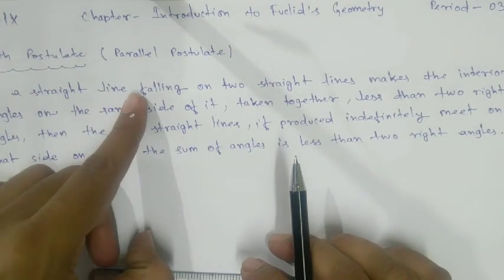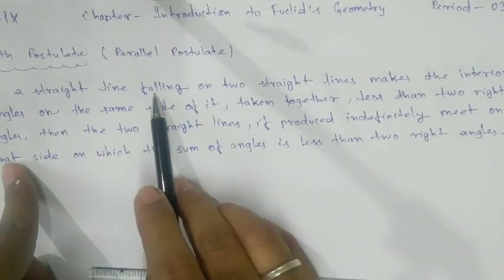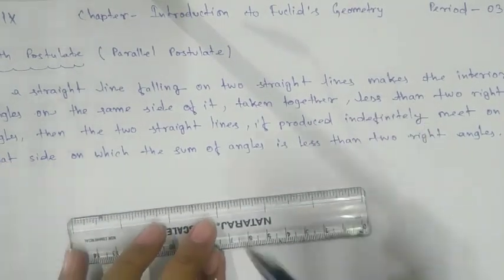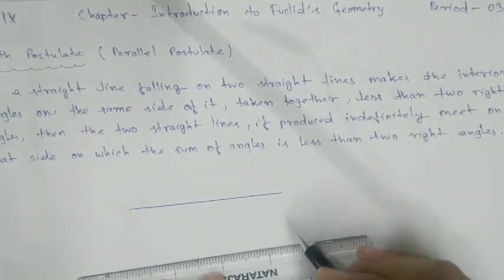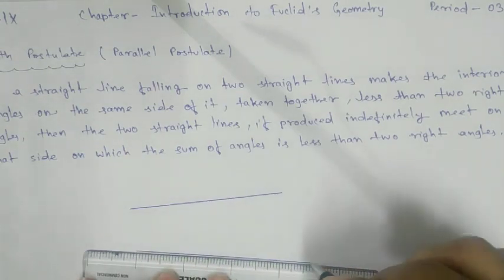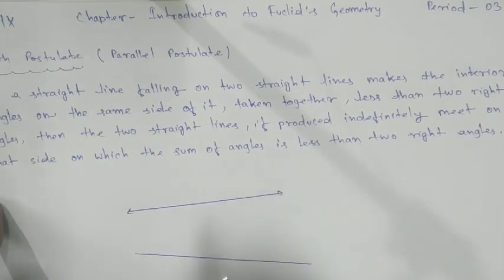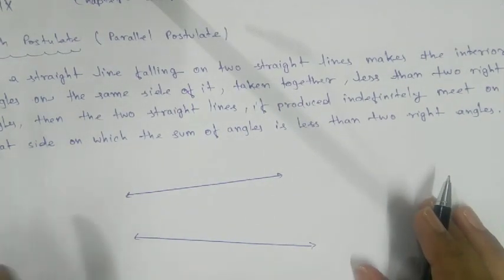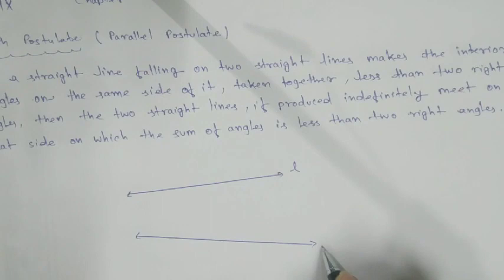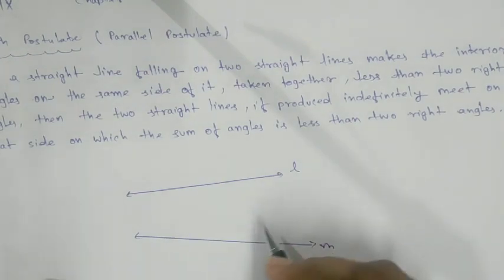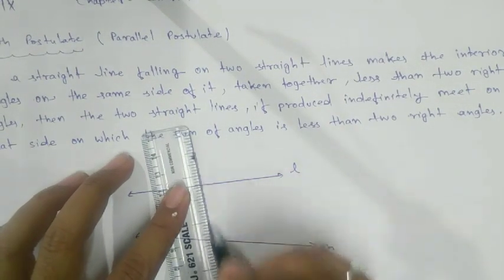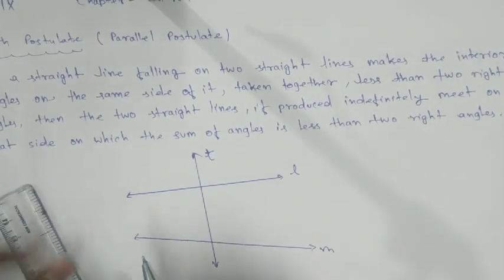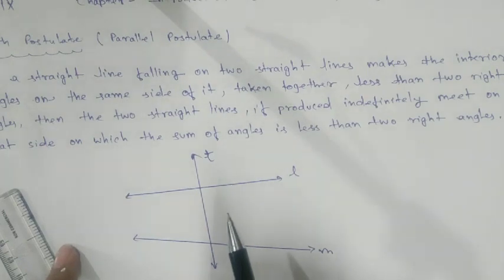If a straight line falls on 2 straight lines. First take 2 straight lines. Now what they are saying: a straight line falling on 2 straight lines, this is your L and this is your M, and another line which is falling on these lines, take it as T, makes interior angles on the same side.